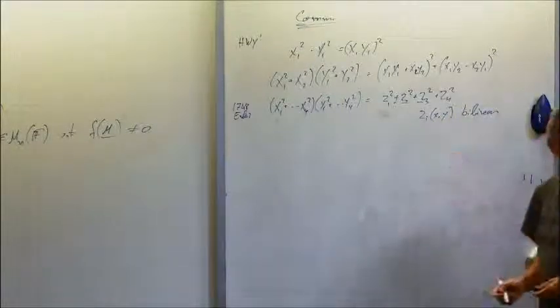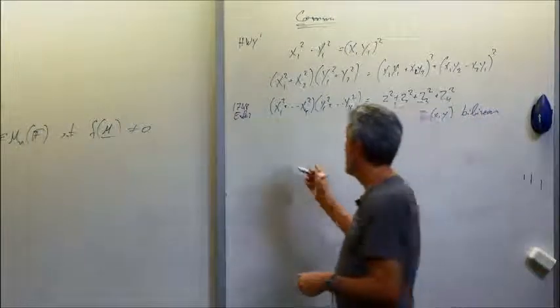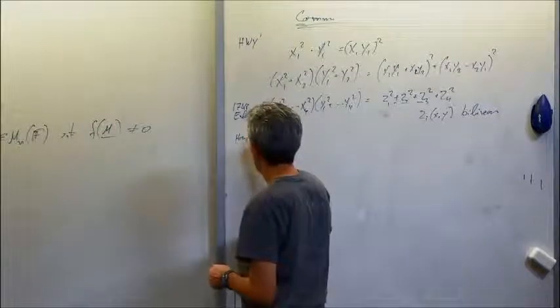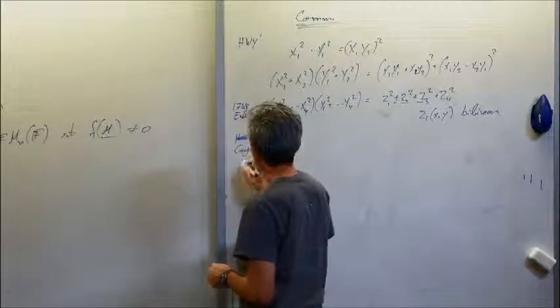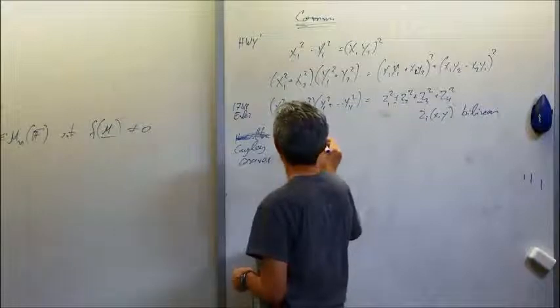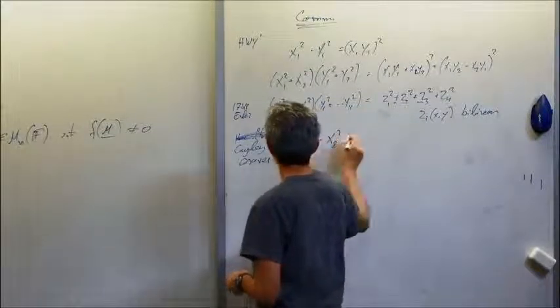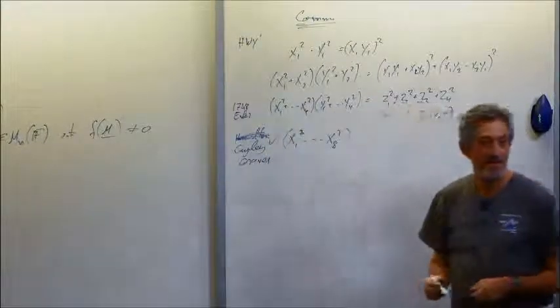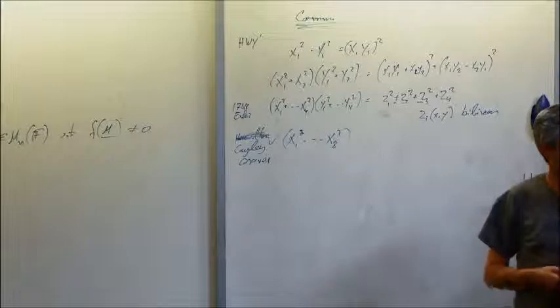So 1, 2, 4, immediately people saw what's going to happen, and then Hamilton, or maybe Cayley, I'm not sure, Cayley and Graves did the case of 8.